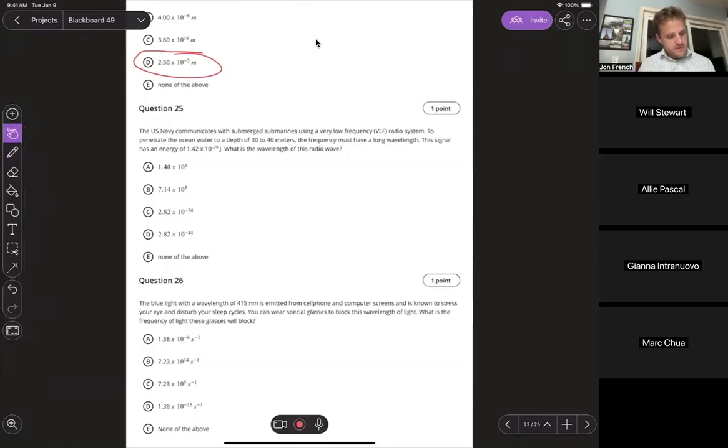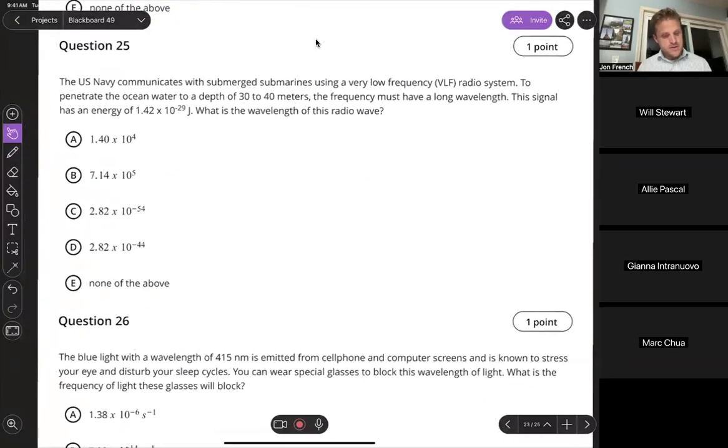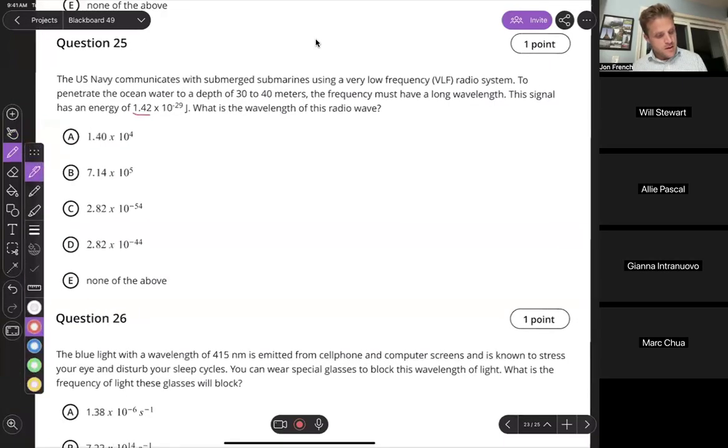All right, question 25. The Navy communicates with submerged submarines using a low frequency radio system. The signal has an energy of 1.42 times 10 to the minus 29 joules. What is the wavelength of this radio wave? So again, we want to get really good with identifying what equation we need.